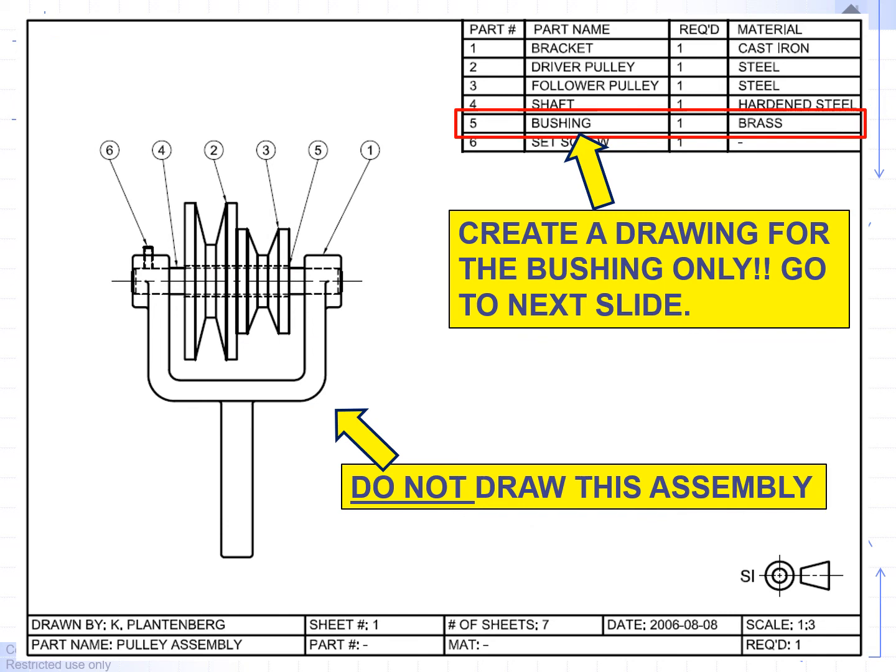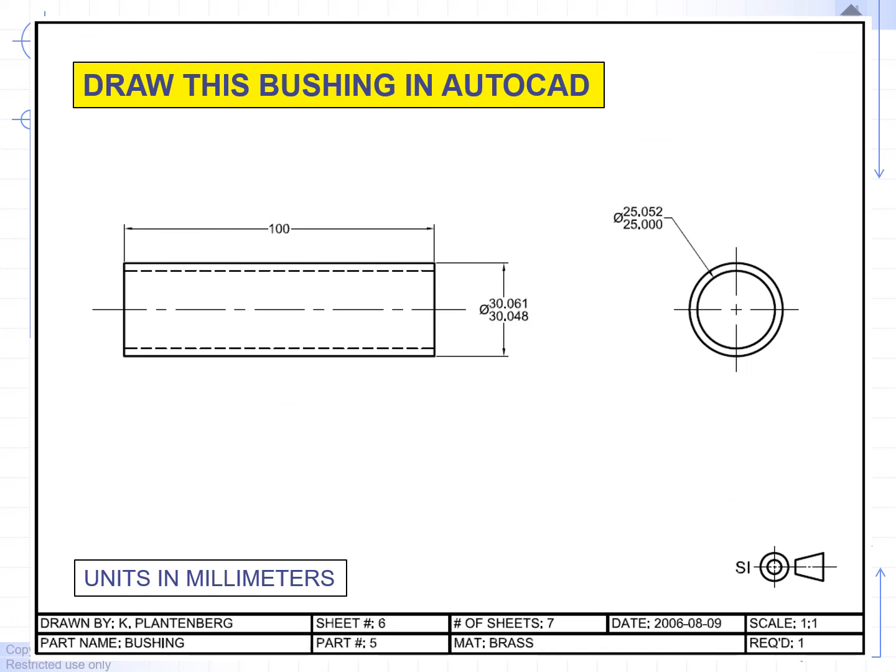For our assignment, we're only going to do the bushing. Once again, the bushing that goes inside the hole. In a later chapter, we will be drawing the fork. For chapter 14, once again, there's only one problem. This is the only problem for chapter 14. You're going to draw this bushing. Here are the diameters, the diameter for the inside hole and the diameter for the shaft.